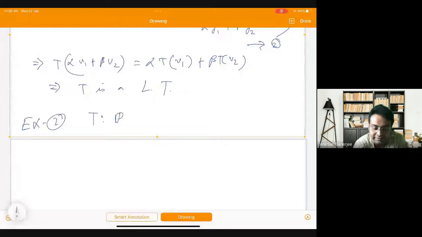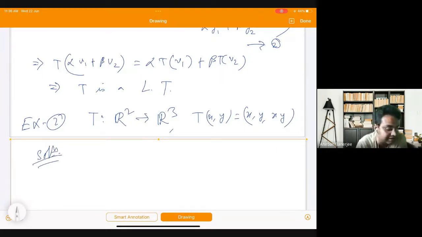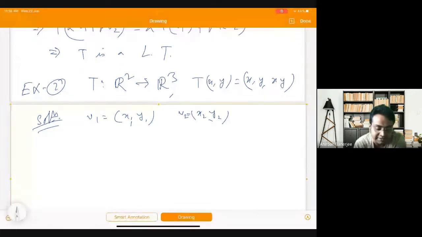Okay, it's again a map from R2 to R3, and let's say that map is defined by T of x comma y equals x, y, and x into y. And we have to verify whether T is a linear transformation or not. We can take v1 equals x1, y1, v2 equals x2, y2, and then just verify.